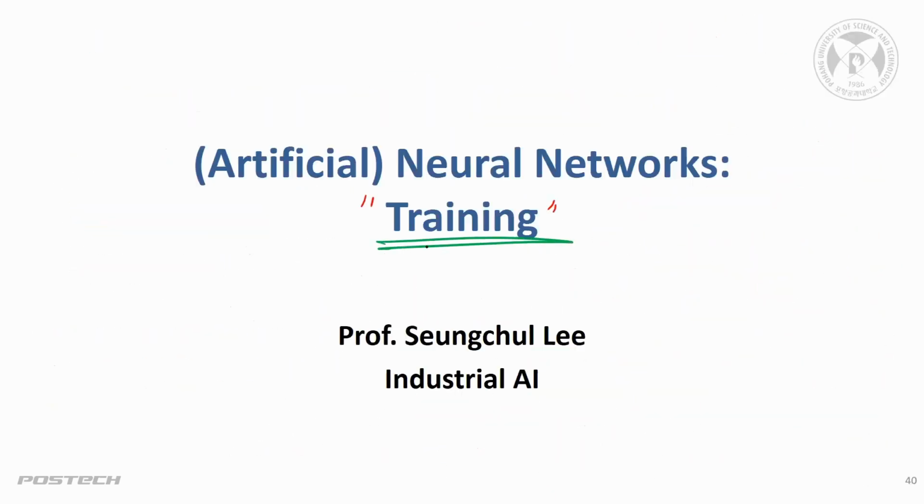I mean, the training part is actually we want to find, and this is an optimization problem. And as you expected, we're going to use gradient. I mean, this optimization problem.